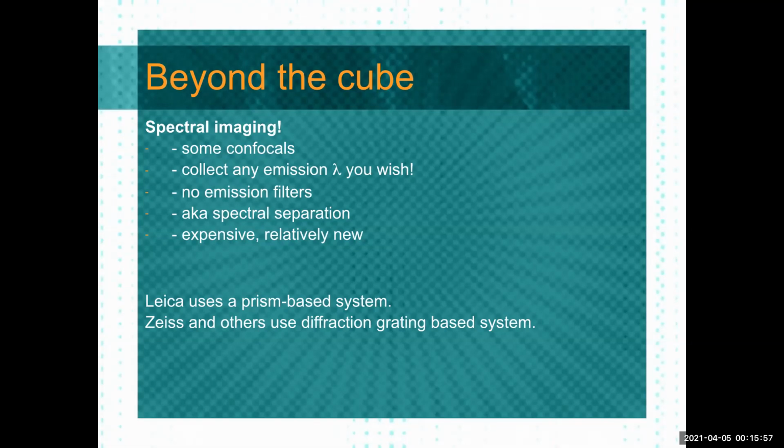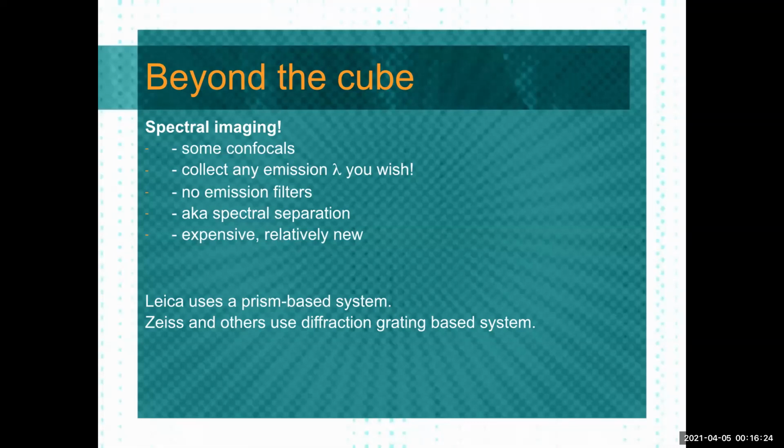And it's really, really fun. It's basically like you have all the barrier filters ever invented at your fingertips at a moment's notice. You can just dial in what colors you want to see coming out of your system.